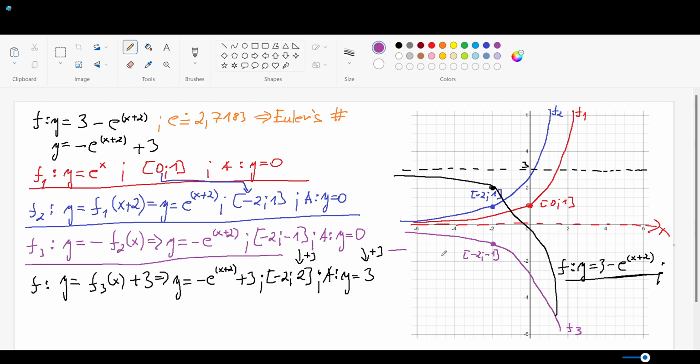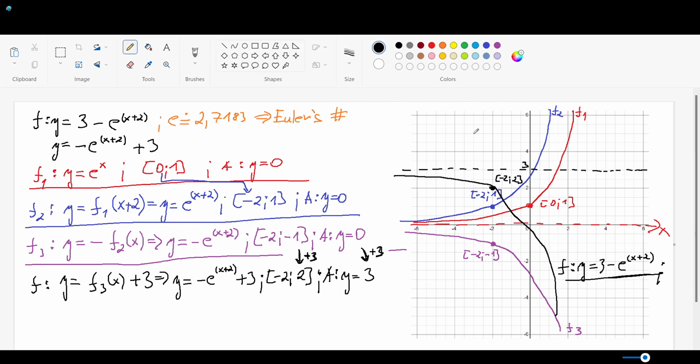The last transformation: we added 3 to the whole function, to all the values of the previous function. So the y values are increased by 3, which means our anchor point travels to the point with the coordinates -2 and 2.